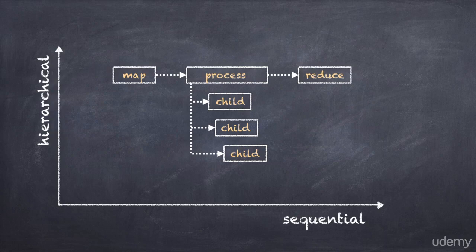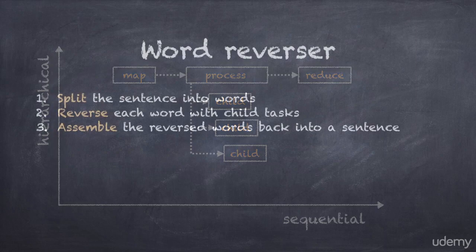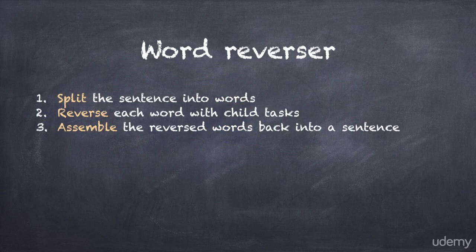Let's build a demo application that combines continuations and child tasks to perform some kind of work. I'll use the word reversing code from the previous lecture and build upon that. If we look at the word reversing problem, then there are essentially 3 steps to it. 1.